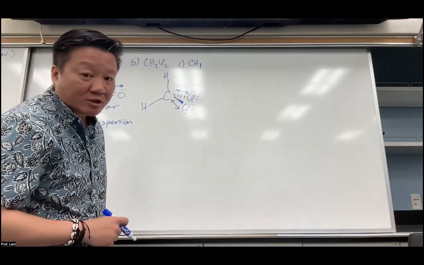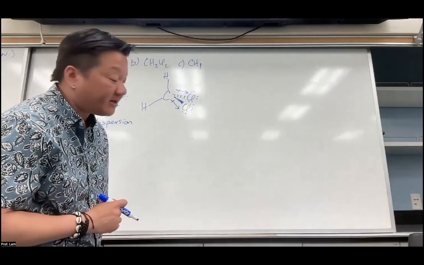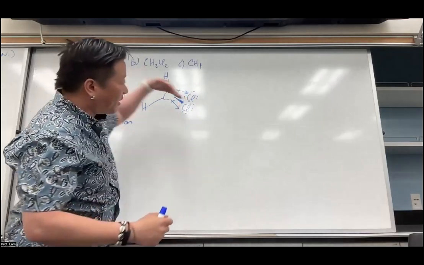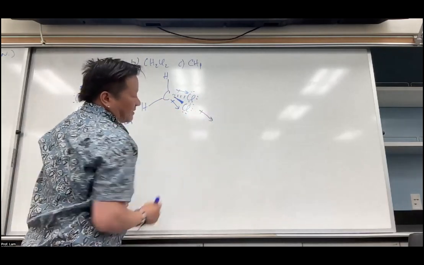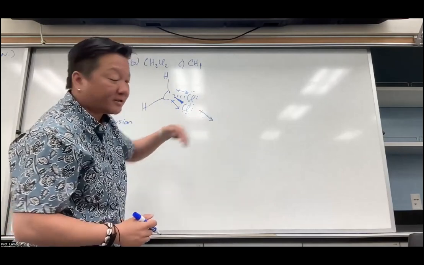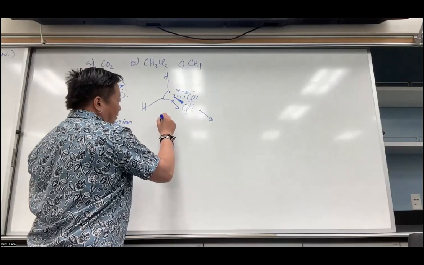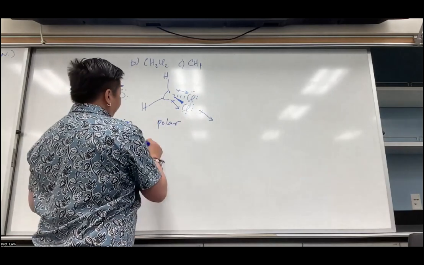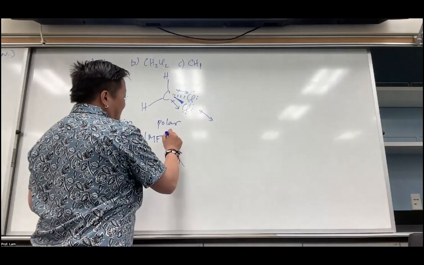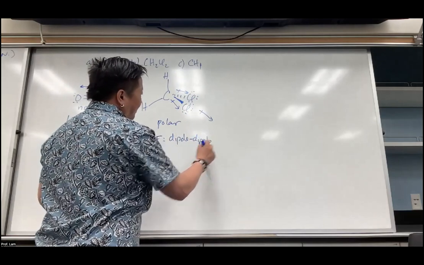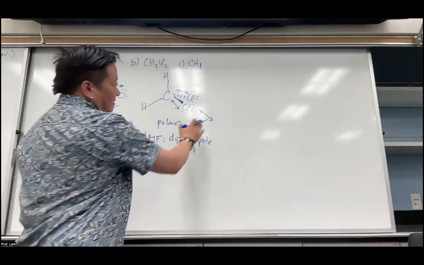And it would point towards chlorine, because chlorine is more electronegative than carbon. These arrows are both pointing this way, right? The net is that way. So it's polar. And if it's polar, its IMF is dipole-dipole.